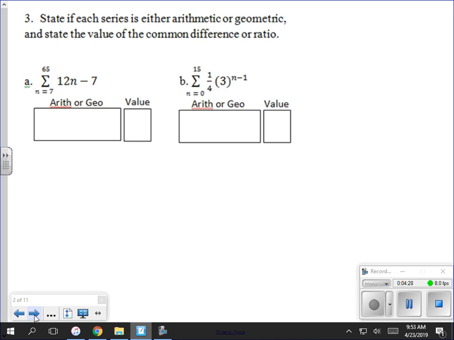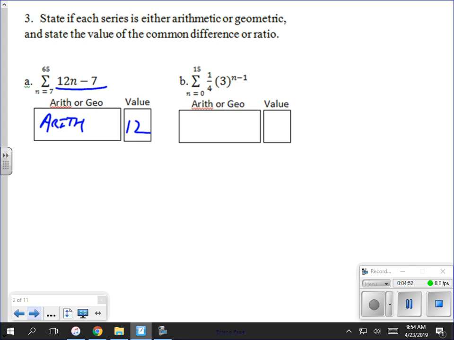So these ones go to the same idea: arithmetic or geometric, and what's the value for your difference or ratio, your D or your R. And this goes back to recognizing the formulas. So this one, because it's a linear equation, it's arithmetic. And I have 12 times n, so my D is 12.